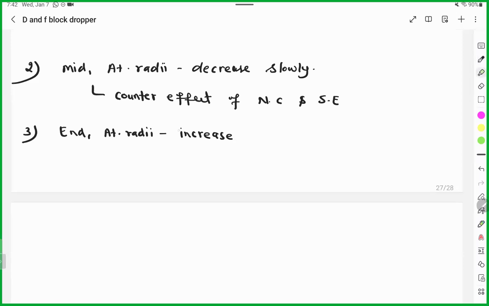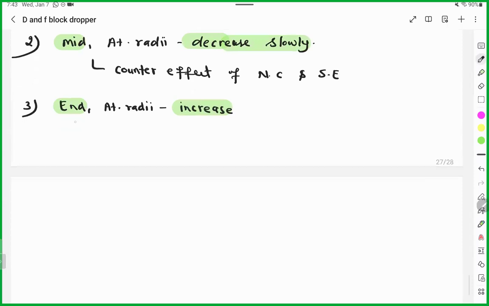In the end, atomic radii increase. What is the reason? Shielding effect is more, electron shielding is more. Exactly. So in this case, shielding effect is more. Why? Because of the more electrons in the d subshell, and when there are a lot of electrons in a subshell, it will overcrowd and become a good shield, and that's why it reduces the impact of the nucleus.